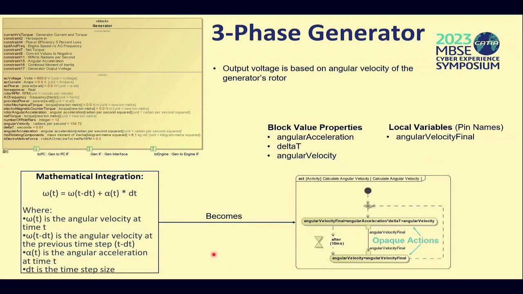Going back to the three-phase generator, I'll show more about this directly in the model, but the purpose of showing this is to say that in order to calculate how fast the engine and the generator are actually turning and accelerating, you typically think of a mathematical equation such as that, which is considered an integration. And it's an integration because it's incorporating the delta t and having to update the velocity every time step.